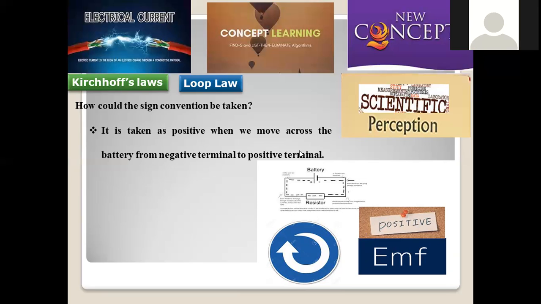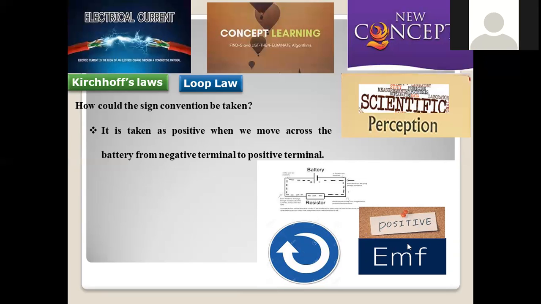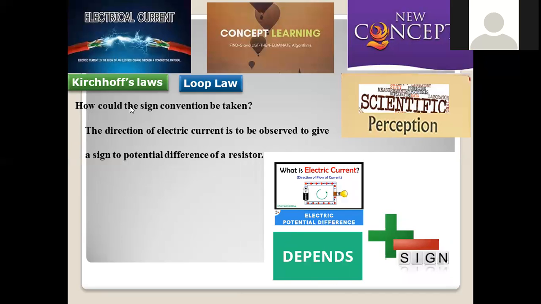If you are moving from positive to negative, that is called counterclockwise. Counterclockwise will give negative EMF, and the clockwise movement leads to a positive EMF formation. Now, how can the sign convention be taken? This is another condition. The sign convention, positive or negative, mainly depends upon the direction of the electrical current.